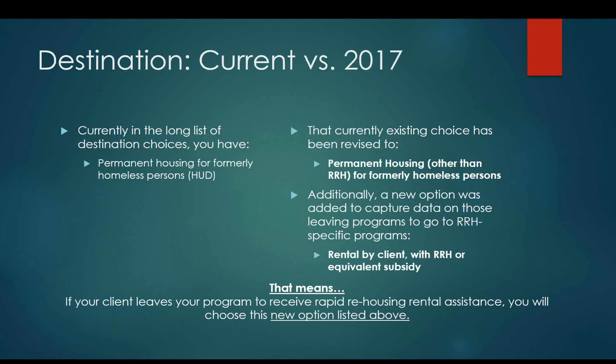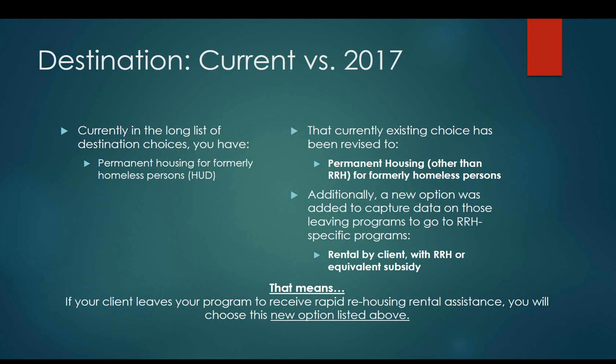Destination, when you're exiting a client, also has some changes. In 2016, we had an option that was just permanent housing for formerly homeless persons. HUD has decided to expand that so that we can do a better job of capturing information about people that are moving into either permanent housing that is not rapid rehousing or permanent housing that is rapid rehousing type subsidy.